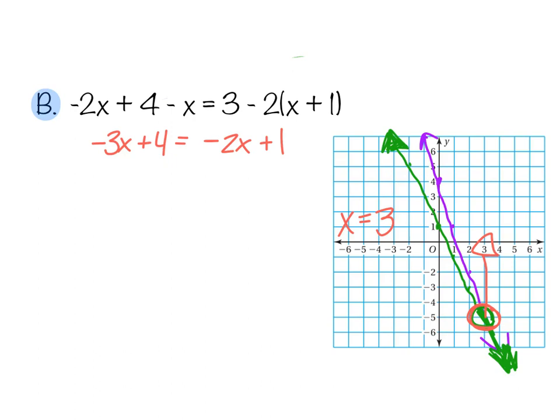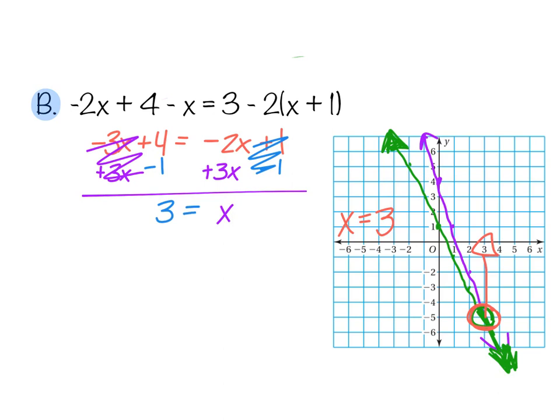And then we would move our x's. Would you rather add 2x to both sides or add 3x to both sides? I'd rather add 3x to both sides and move our variable over to the right side. That'll keep it positive. And then we can move our constant over to the left side by subtracting 1. That gives us 3. So x equals 3.